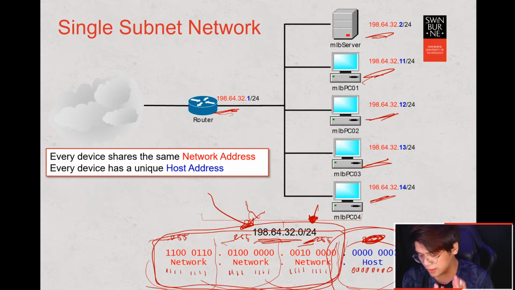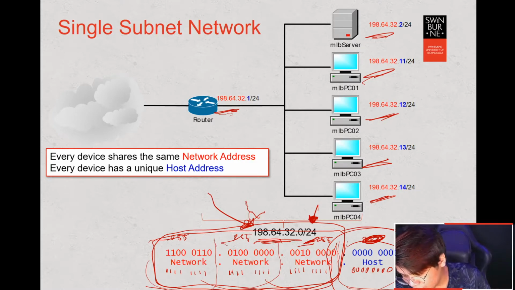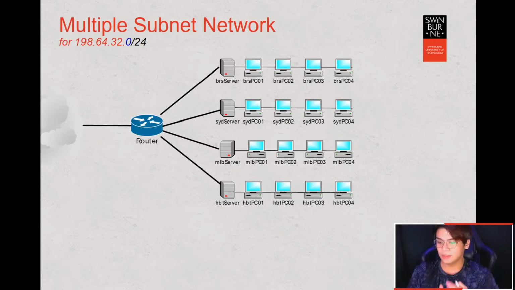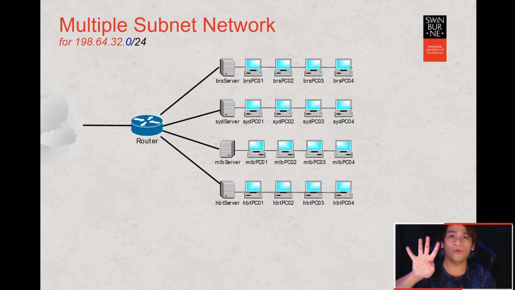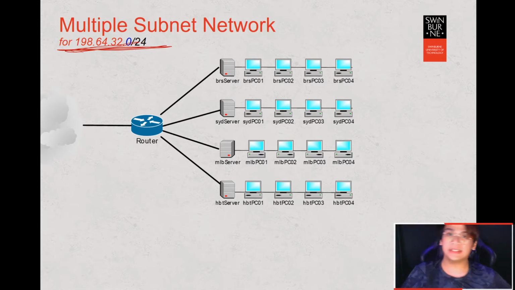Now you have 198.64.32.0/24. You're trying to subnet this into 4 different networks. You're trying to divide that network into 4 different networks, not 1 anymore, but 4.